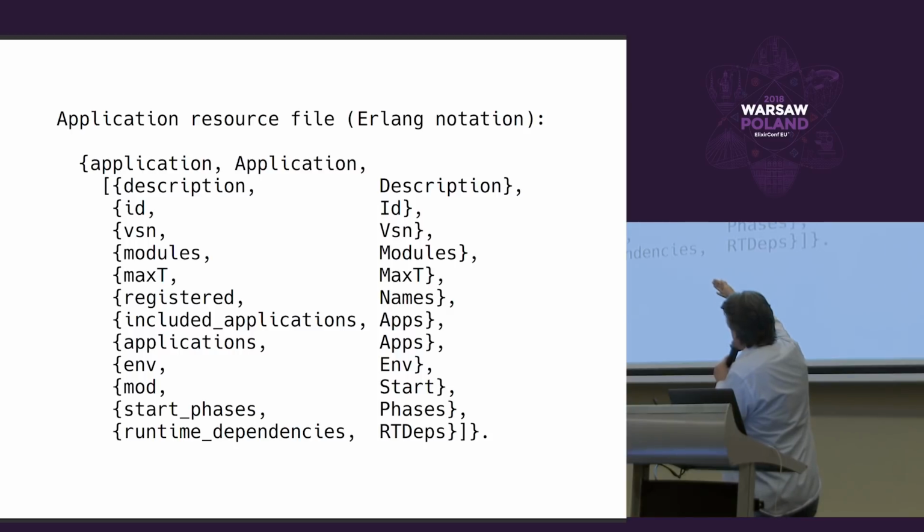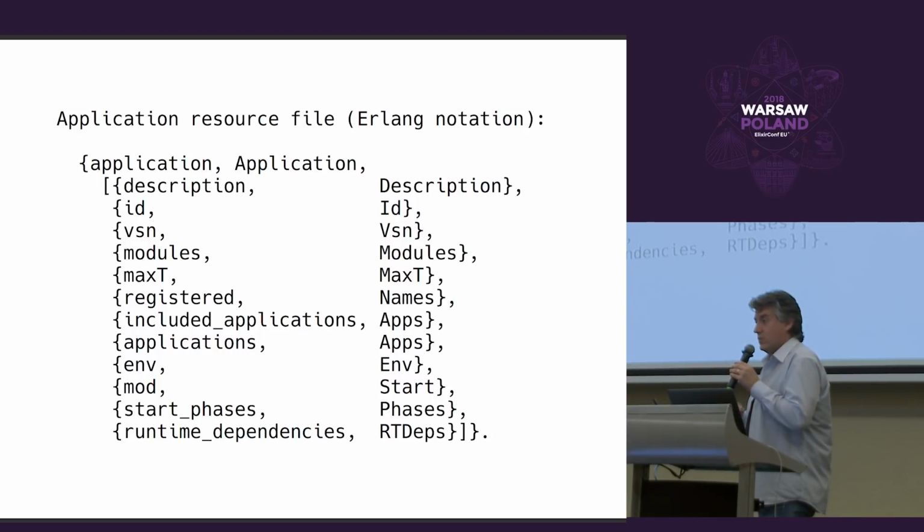You can have a description, an id, version. Modules is a list of the modules included in the application, which is normally filled by build tools. Max T is a threshold in milliseconds. You can say, I want this application to run at most for this number of milliseconds.